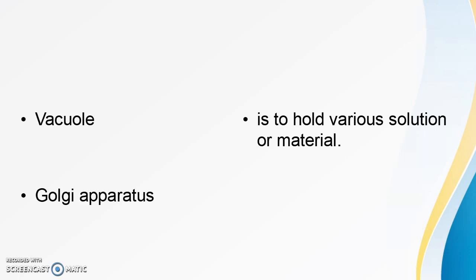Golgi apparatus. Golgi apparatus is an organelle of eukaryotic cell that is responsible for transporting, modifying, and packaging protein and lipids. Its function is to help enzyme formulate.